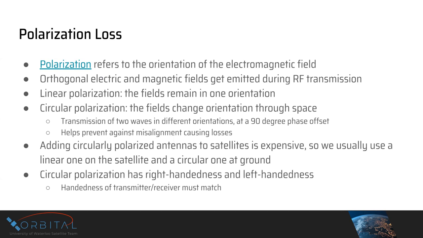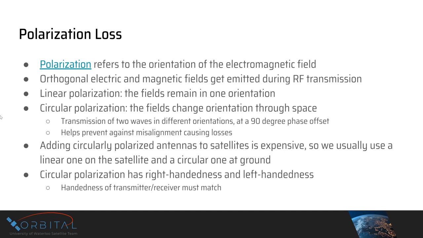So what we typically do is we keep a linear antenna on the satellite and a circular one at the ground station. You do experience some pretty significant loss in the signal, but it helps protect against when you're transmitting, the ground station being able to receive your linearly polarized signal.